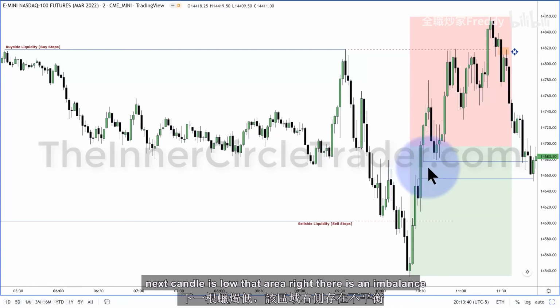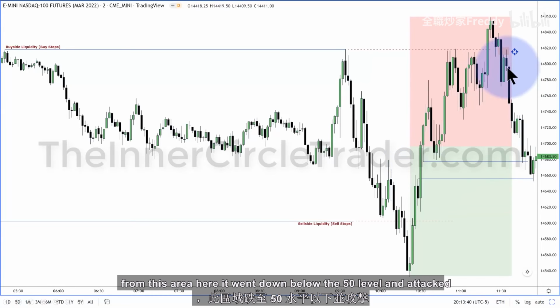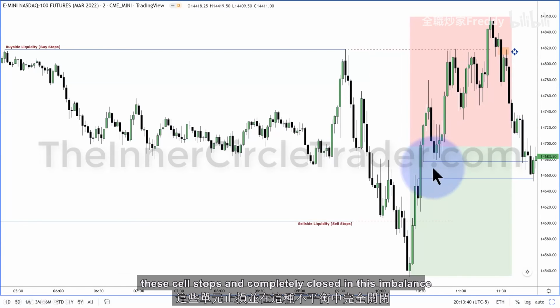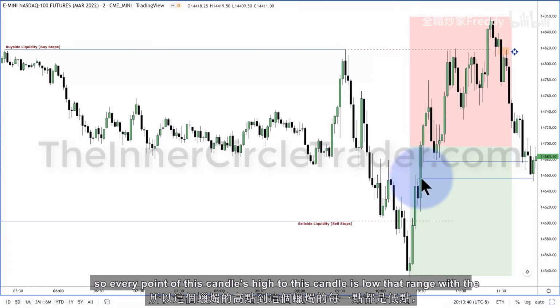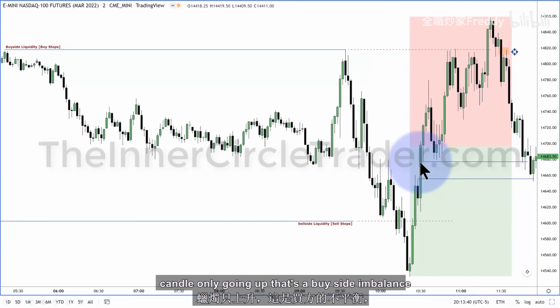That area right there is an imbalance. From this area here, it went down below the 50 level and attacked these sell stops and completely closed in this imbalance. So every point from this candle's high to this candle's low, with the candle only going up, that's a buy side imbalance.